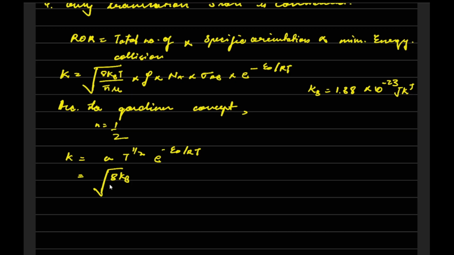Okay, 8 kB upon pi mu into rho into NA into sigma AB into T to the power 1 by 2 into e to the power minus E naught by RT.